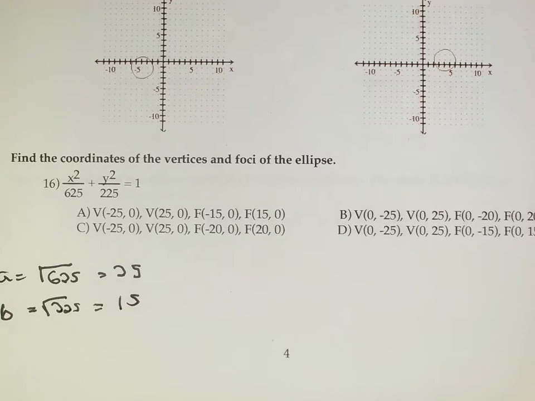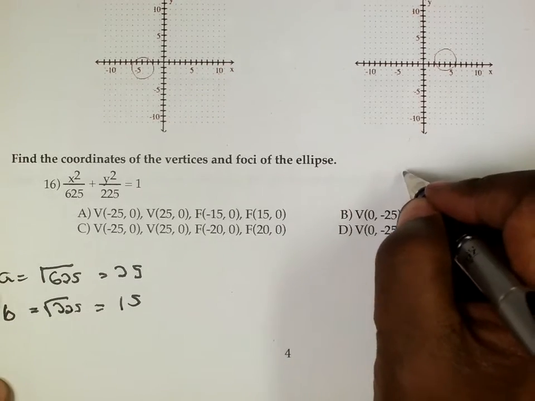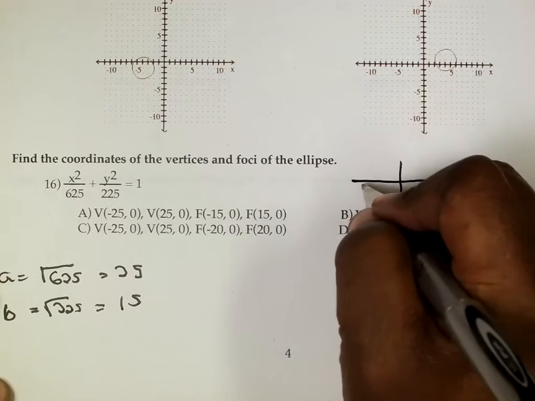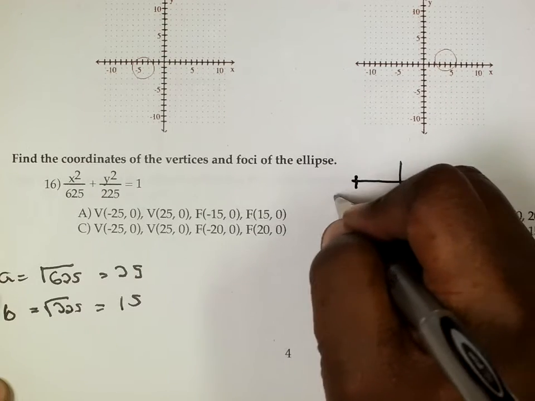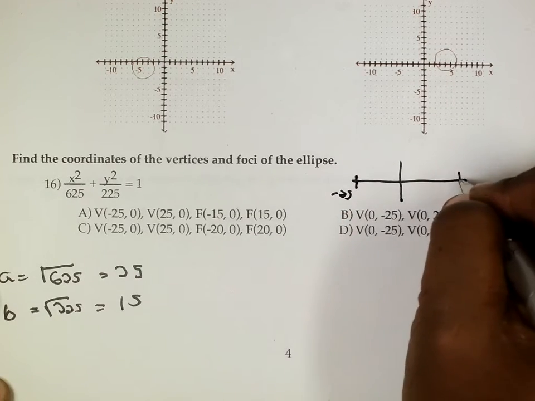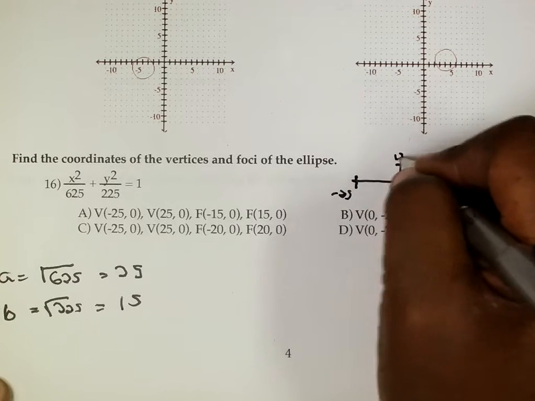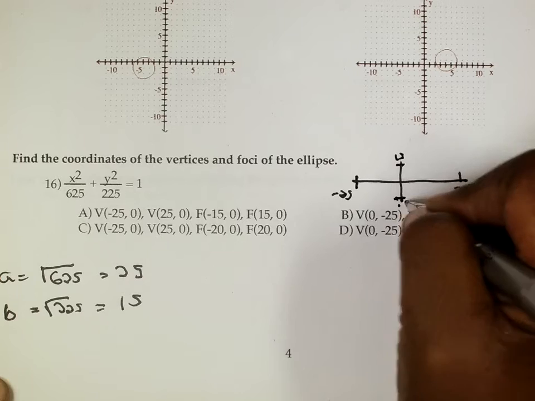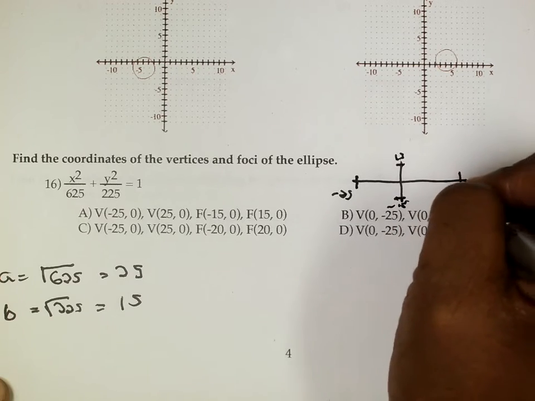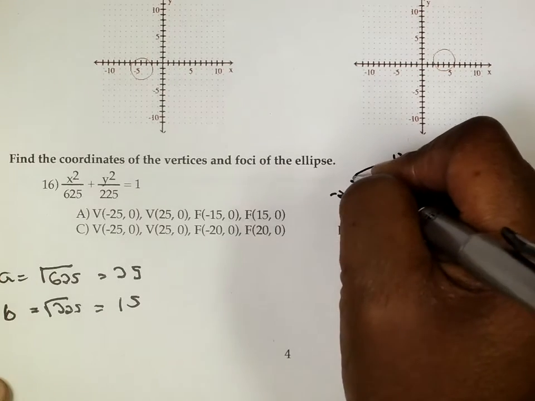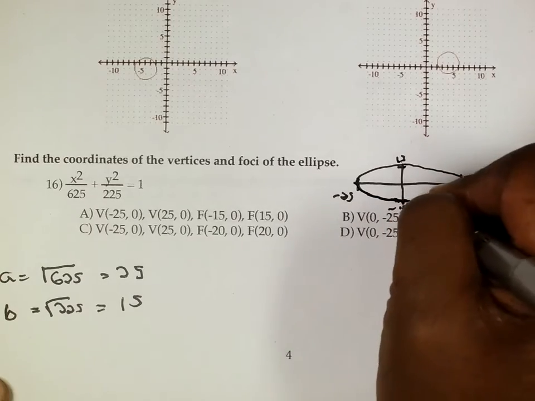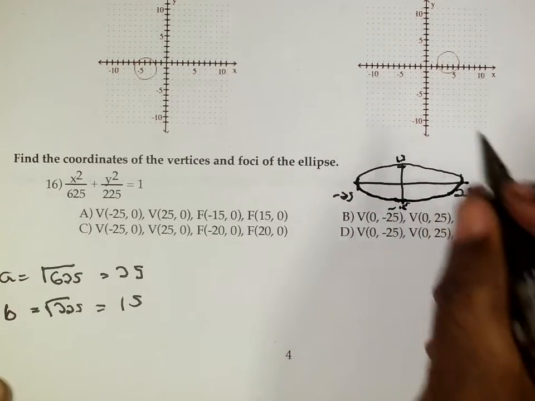Now they want us to find the foci as well. So far what I know is it crosses at negative 25, positive 25, and then 15 and negative 15. Those are not the vertices they're looking for, but this is what my ellipse kind of, sort of looks like.